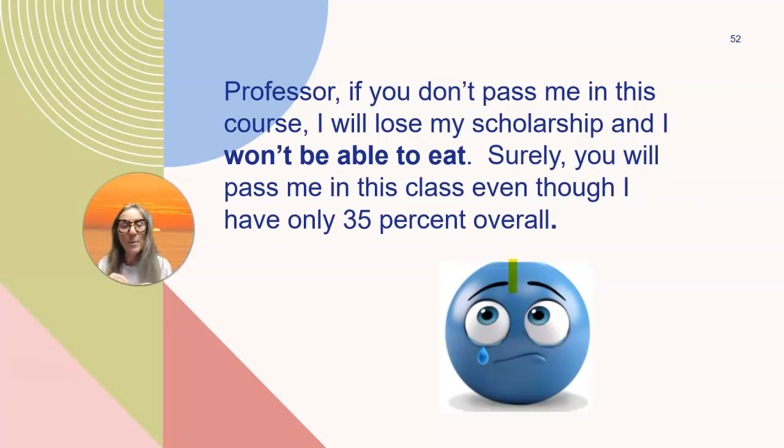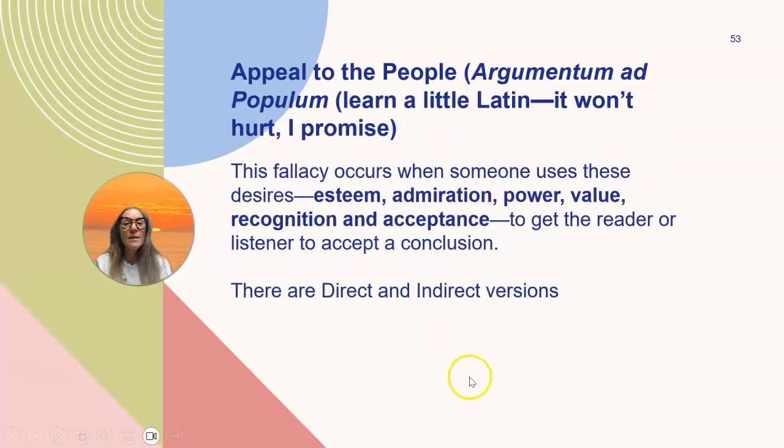So those are some examples of emotion that's involved in fallacies. I have 3 others I'm going to have you think about. I will put up definitions for them, but they're really easy to spot, and a lot of them are in advertising.